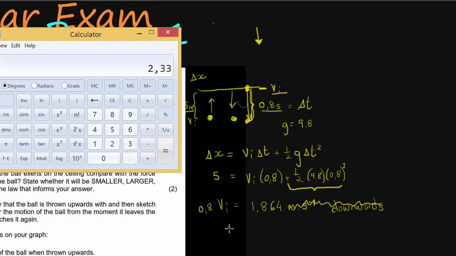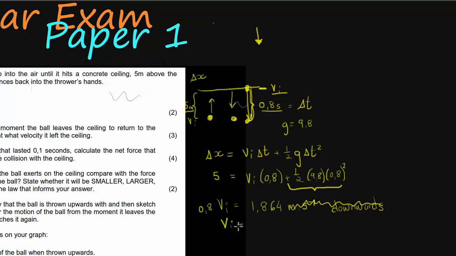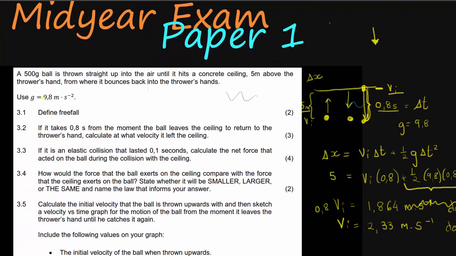There we go. The initial velocity is 2.33 meters per second downwards. Cool? That's simple enough. Okay, next question.